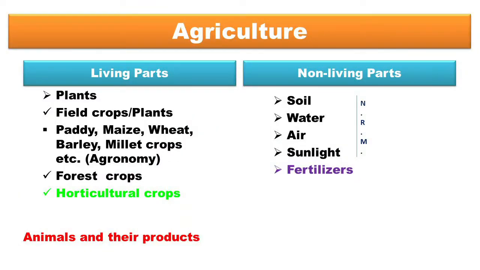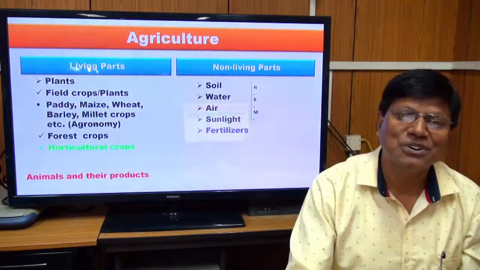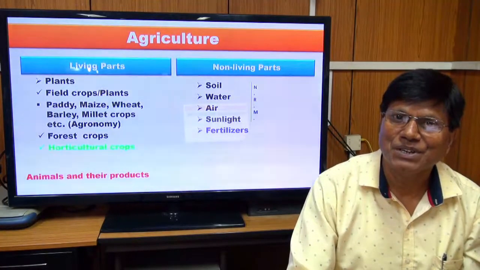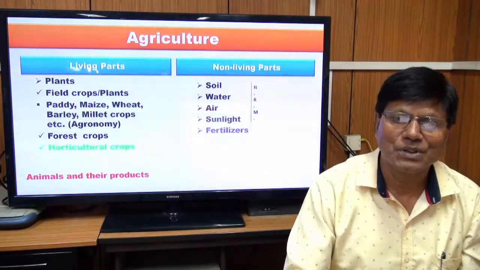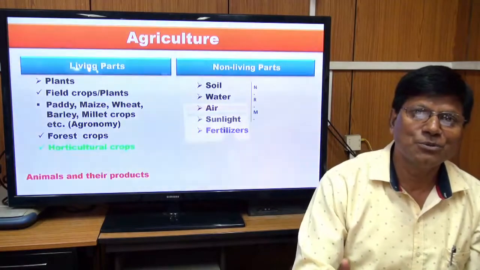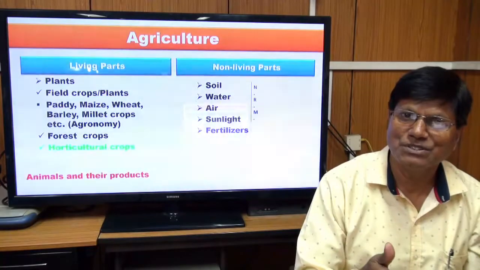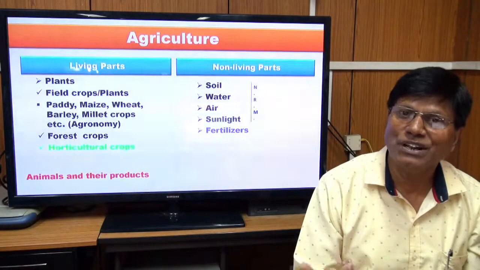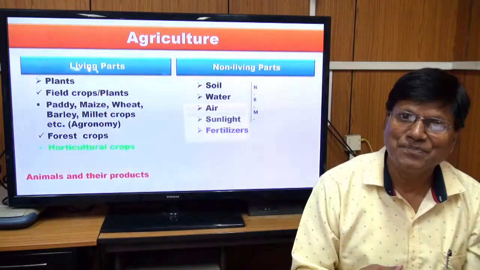Now coming to agriculture, we are coming closer to our subject. It is an introductory class. Agriculture is farm cultivation and basically has two broad components. The broad components are living parts, meaning plants, animals, insects, etc., and non-living parts like soil, water, air, sunlight.